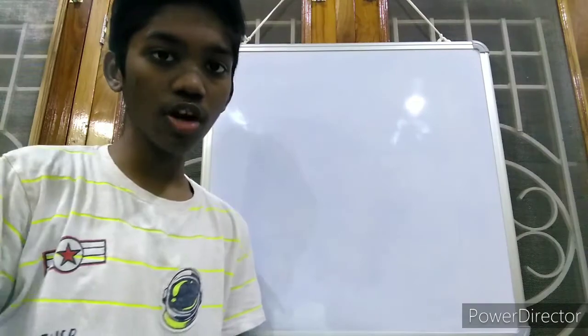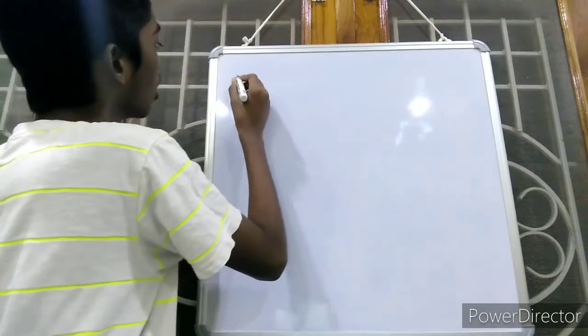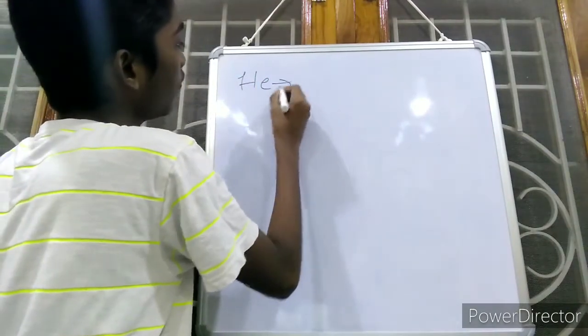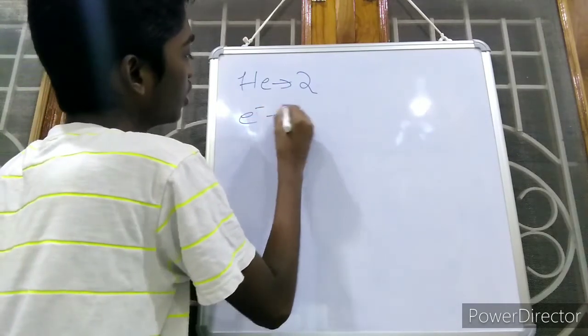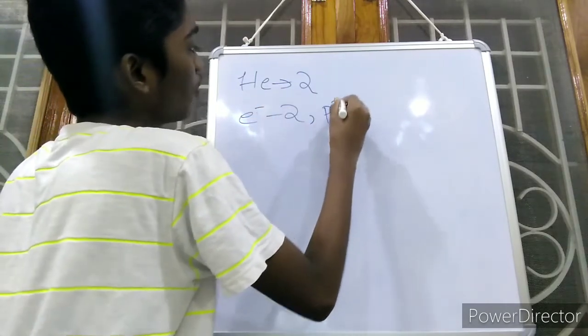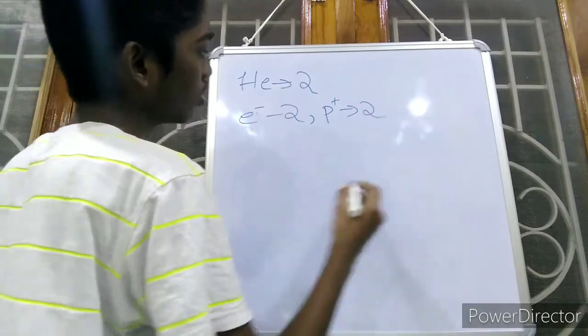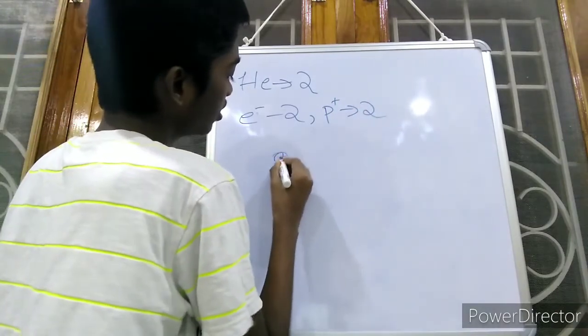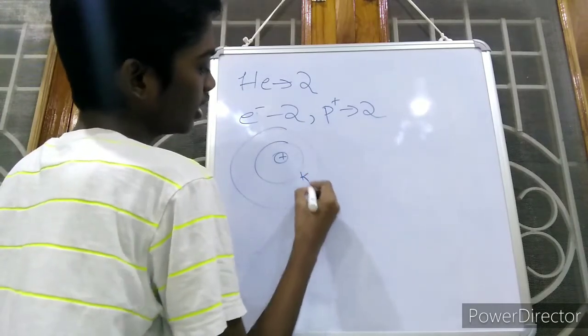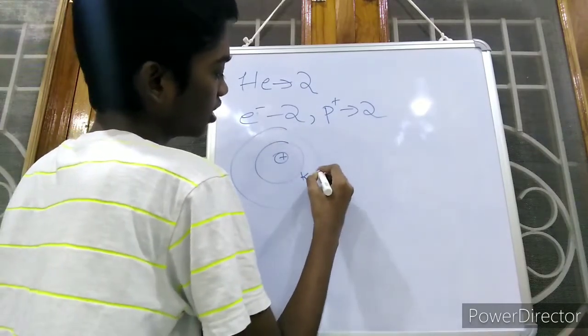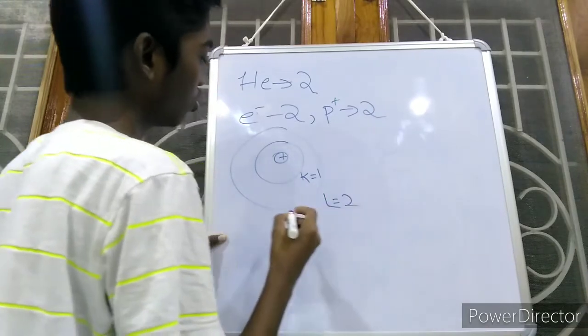The element soon after hydrogen is helium. We know that the atomic number of helium is 2. So the number of electrons present in helium is 2, and the number of protons present in helium is also 2. If we take this as the nucleus, these are the shells of an atom: this is the K shell and this is the L shell. K shell is number 1 and L shell is number 2.